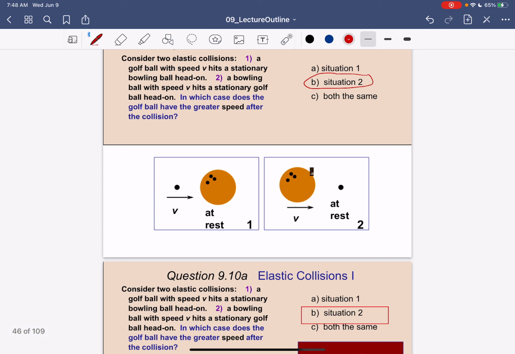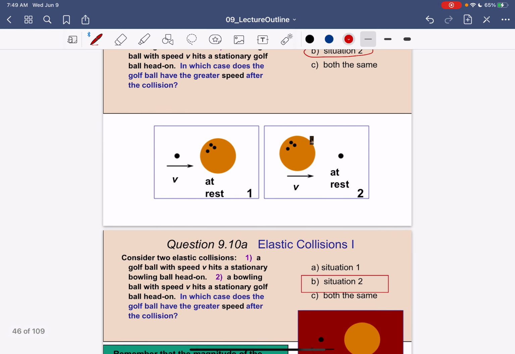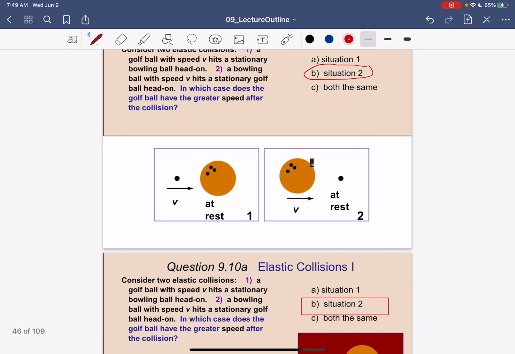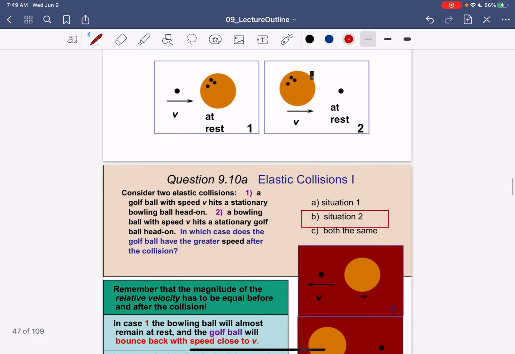When a lighter object hits, less momentum is given to a heavy object, so that heavy object is going to have less velocity, whereas in the second scenario more momentum is given to a light object, which means it's going to have more velocity.